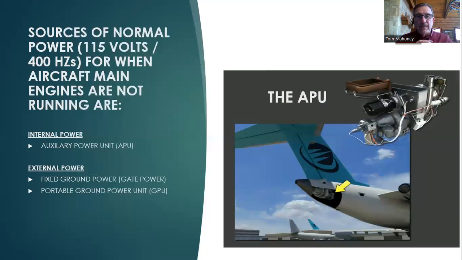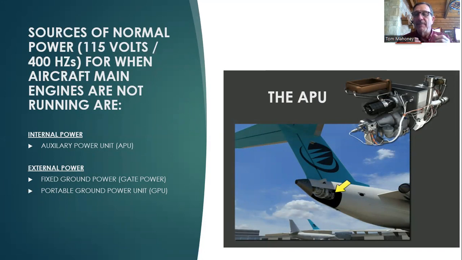Sources of power for when an aircraft main engines are not running. Now, when I say sources of power, what we're really talking about here is 115 volts, 400 cycles or 400 hertz. Get used to that number, 115 volts, 400 cycles. This is a common set of power units that aircraft operate on, the big aircraft anyway.